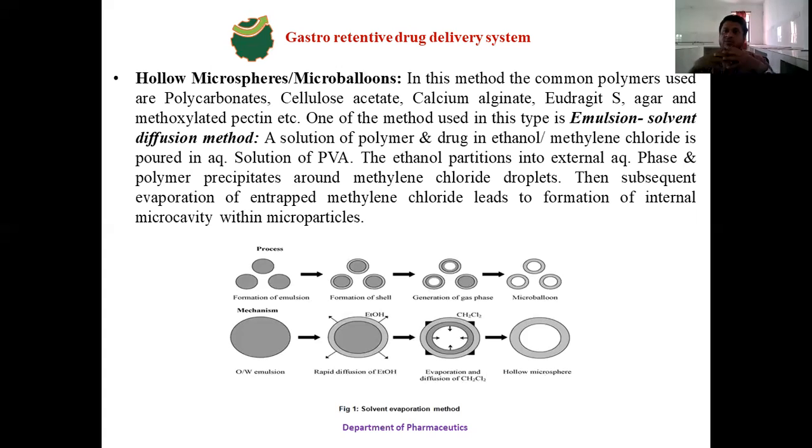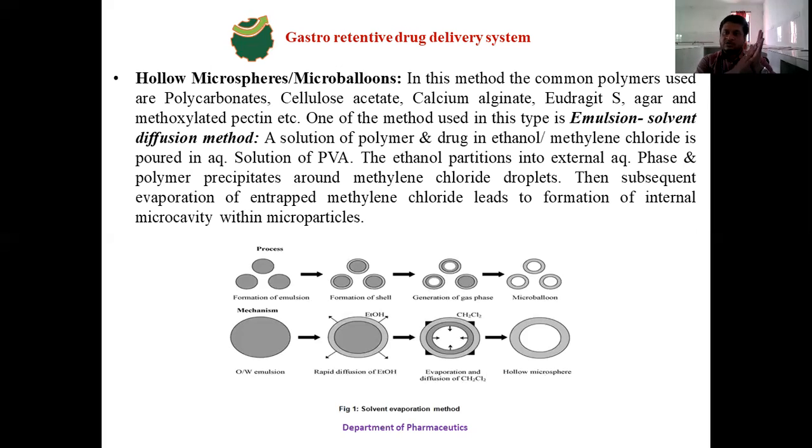As we want to make an emulsion, one will be the continuous phase and one will be the disperse or internal phase. Ethanol, as it is miscible with water, will go towards the aqueous system.